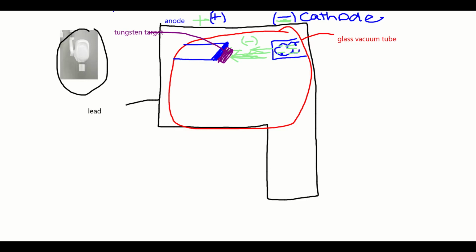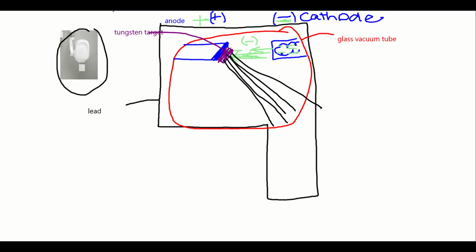Now remember, when the electrons hit that tungsten target, they're not reuniting with the protons, so we still have the energy. And what happens when the electrons hit that target? Because of the angle of the target, the ray that is produced is X-rays.